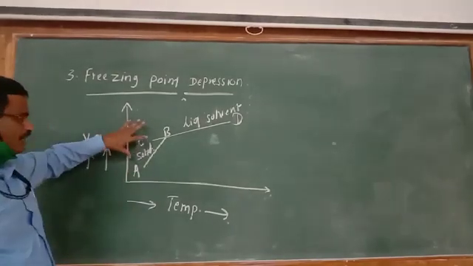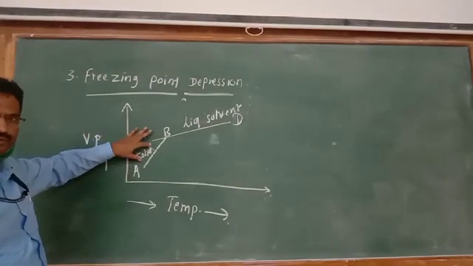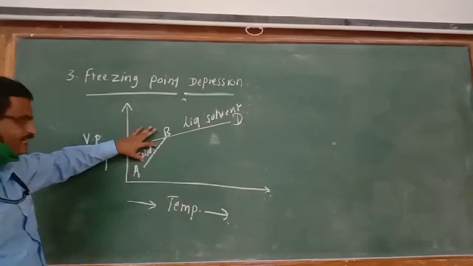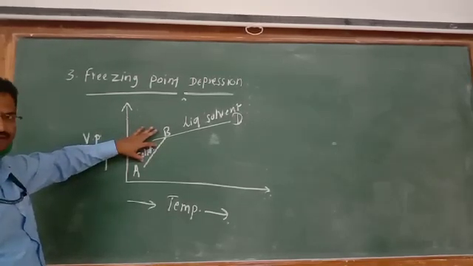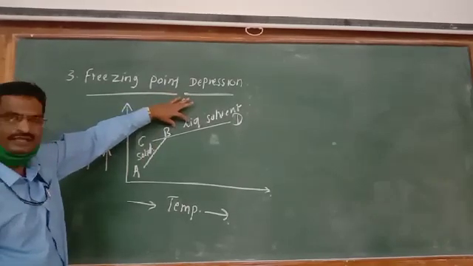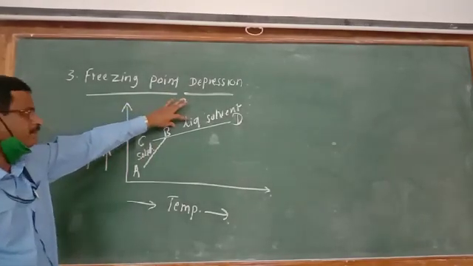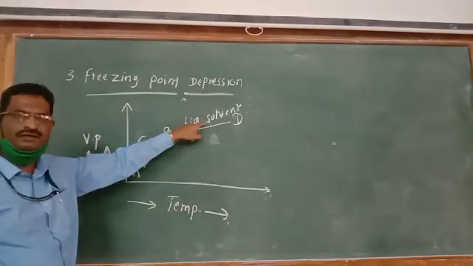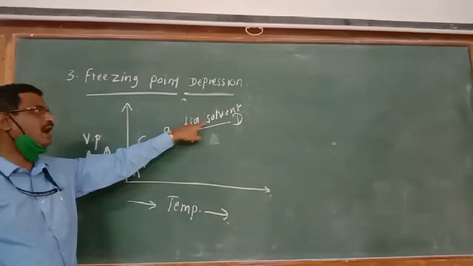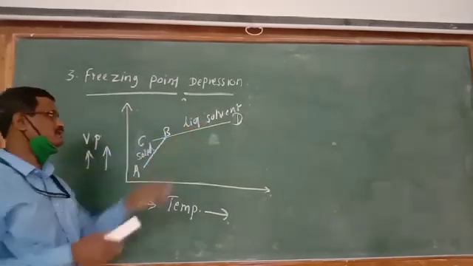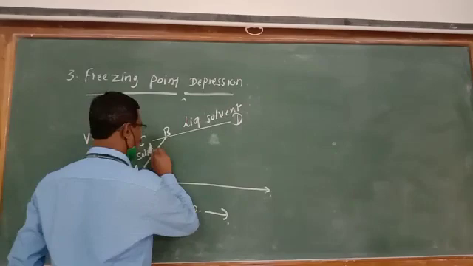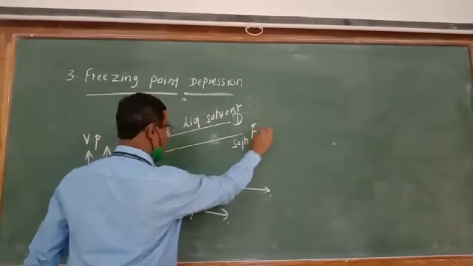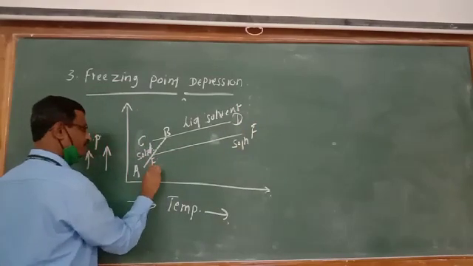Now, from these two graphs, you will easily come to know that vapor pressure of solid phase is minimum. It is less as compared with the vapor pressure of liquid phase. And the vapor pressure of solvent at any temperature is always greater as compared with the vapor pressure of a solution. So this is the vapor pressure temperature curve for a solution, EF.